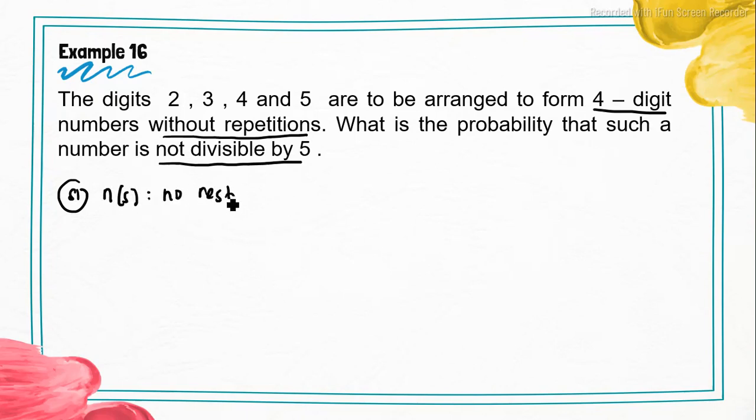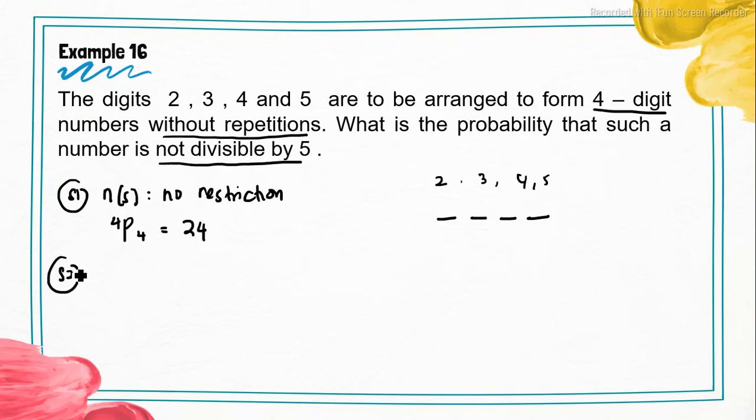No restriction, no condition. Kamu nak susun berapa banyak ni 4 digit numbers ni. So, kamu ada 2, 3, 4 dan 5. So, kamu nak susun 4 digit nombor, tanpa ada sebarang syarat lah. So, sama juga dia adalah 4P4. Tanpa syarat apa-apa. 4P4. So it is equals to 24.